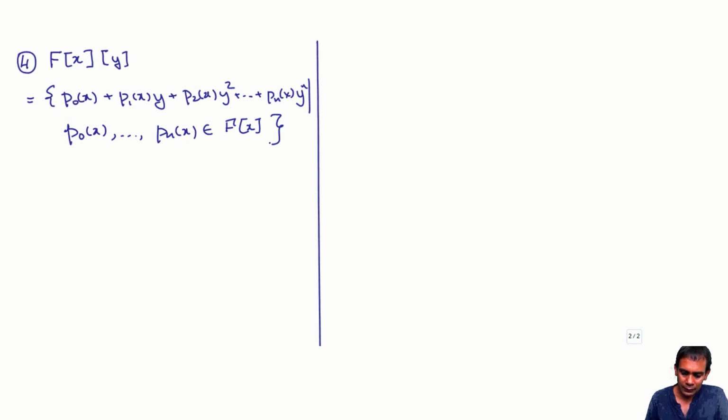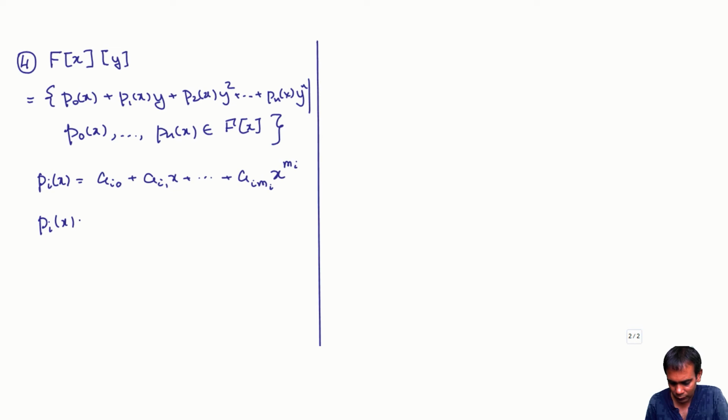And this is a ring, and then you can expand this out. Suppose pi(x) is equal to ai0 plus ai1 x plus up to ai mi x to the power mi.